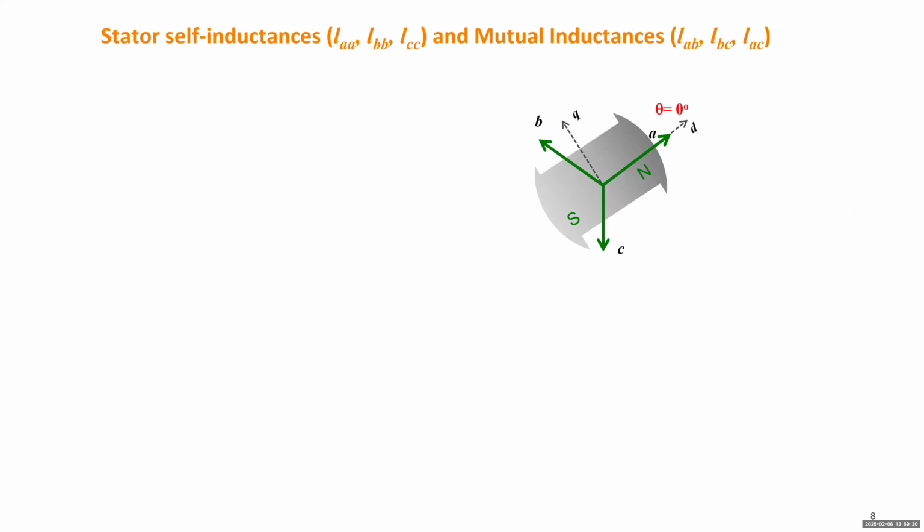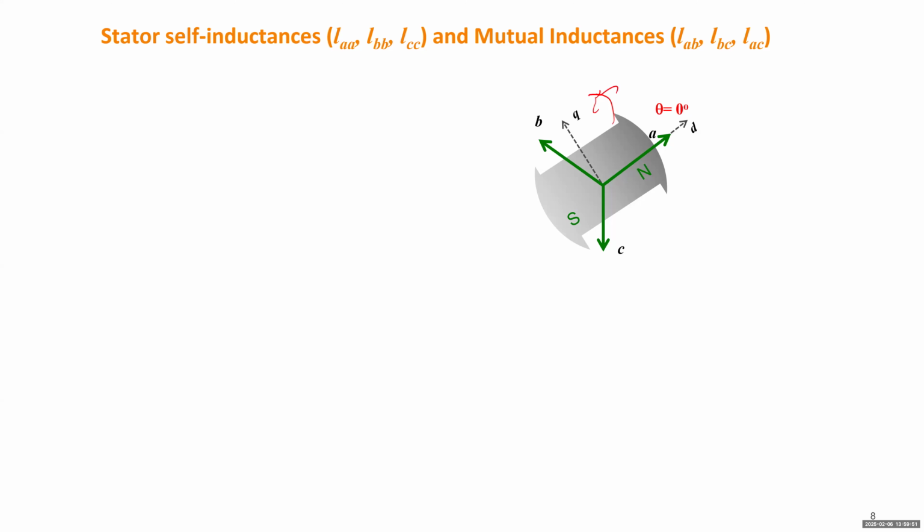So next, we need to figure out the accurate formula of each inductance. So for the stator self and mutual inductances, okay, here I draw the axes of A, B, and C. Those green axes don't change, okay. But the rotor can revolve.